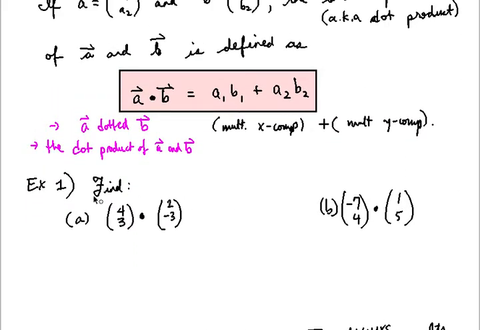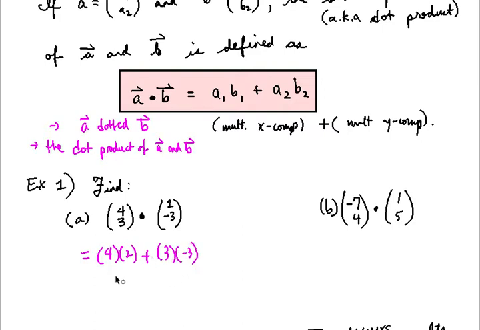If I have (4, 3) dotted with (2, -3), what is that answer going to be? We take the x components, multiply them together, so we have 4 times 2, and then we add the y components multiplied together, so 3 times -3.